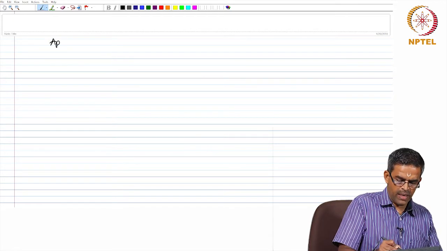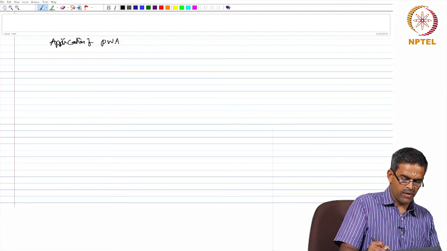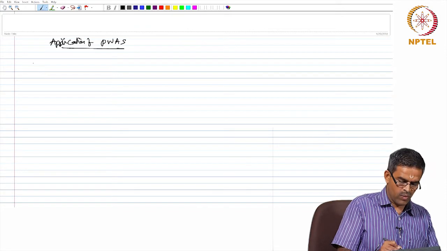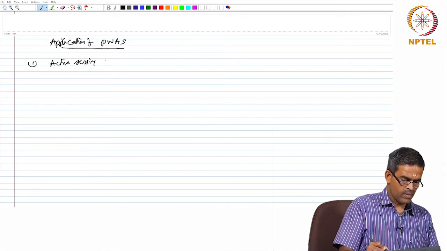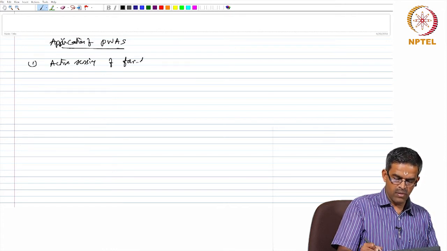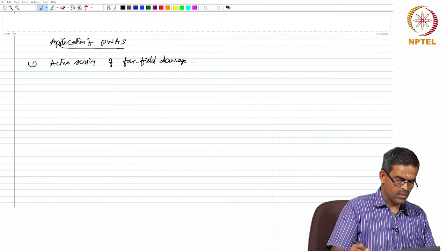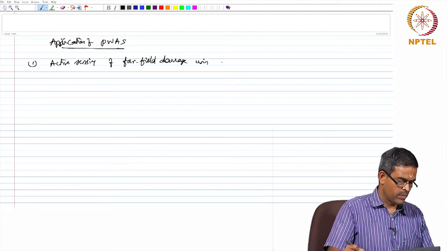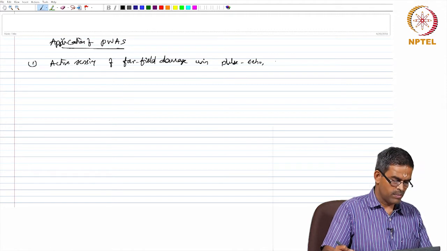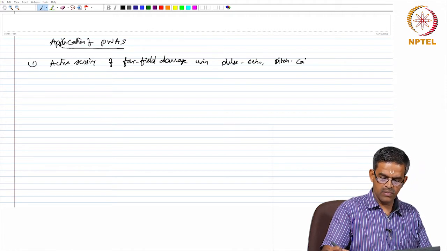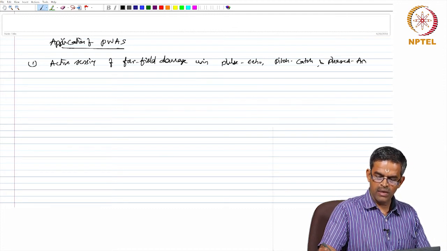Let us see the applications of piezoelectric wafer active sensors. 1. They can be useful in active sensing of far field damage using the pulse echo procedure, pitch catch method and phased array method.